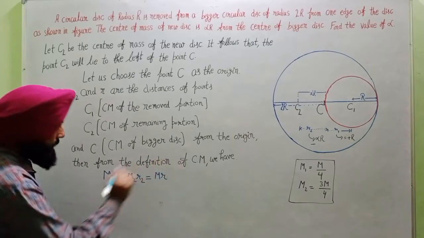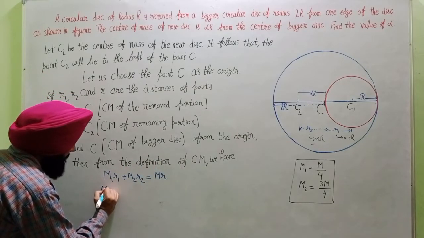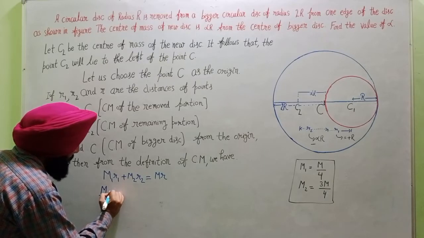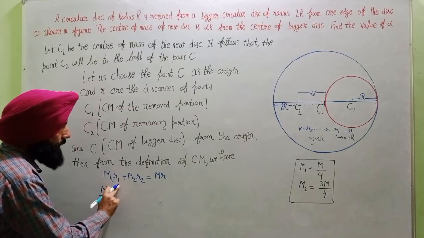Now, m1, that is m over 4, multiplied by r1.